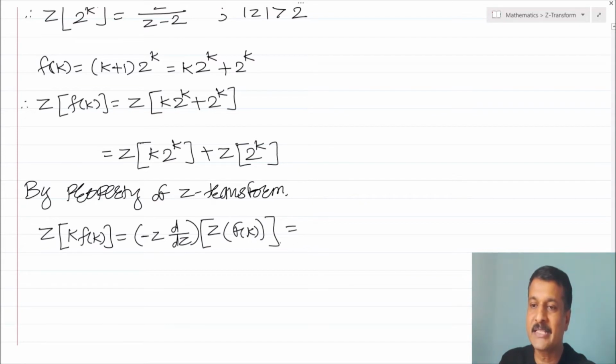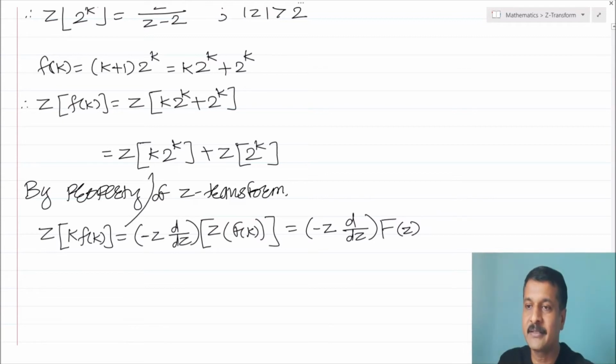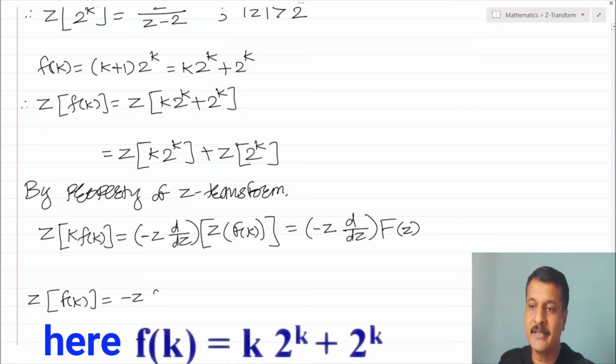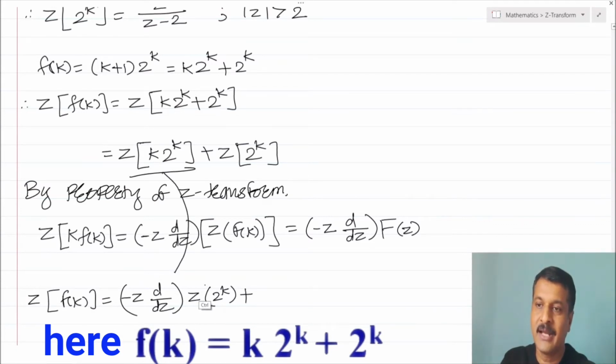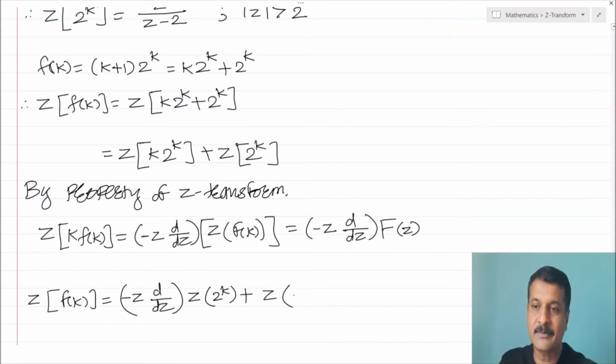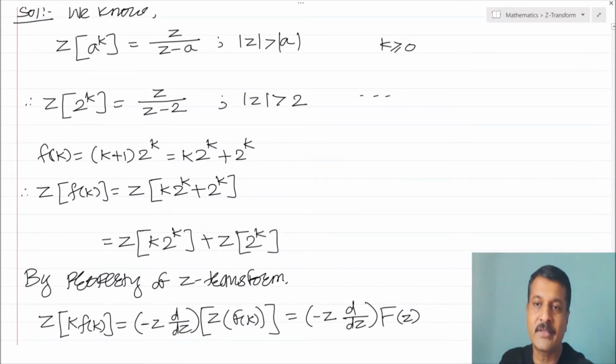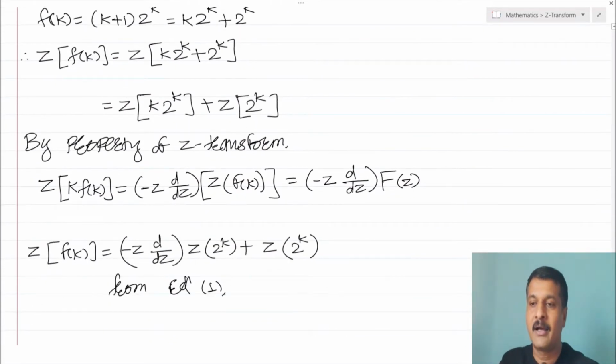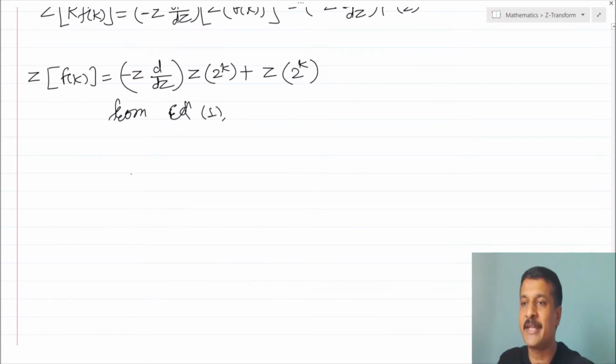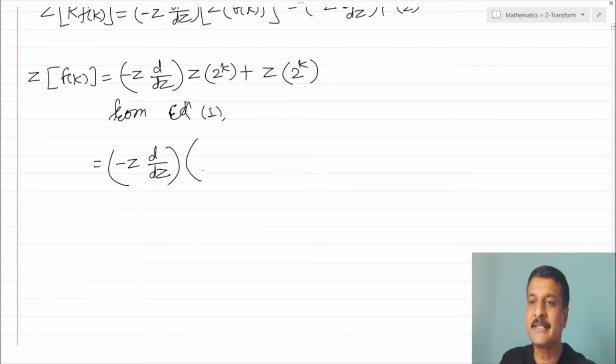If we consider the Z transform of f of k as F of Z, it is minus Z d by dz of F of Z. Using this property, I get the Z transform of f of k equal to minus Z d by dz of the Z transform of 2 raised to k, plus the second term as it is, the Z transform of 2 raised to k.